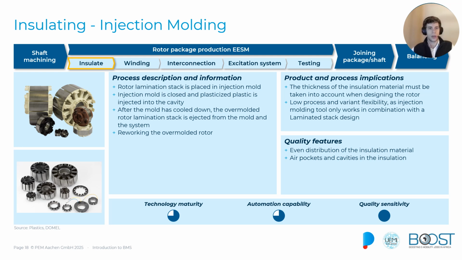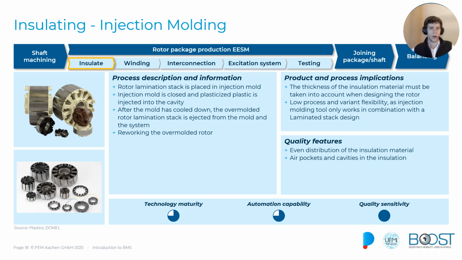Injection molding is an alternative for insulating an externally excited rotor. It involves using a mold to apply insulation material around the rotor components. The process starts with creating a mold that fits the shape of the rotor or its parts needing insulation.